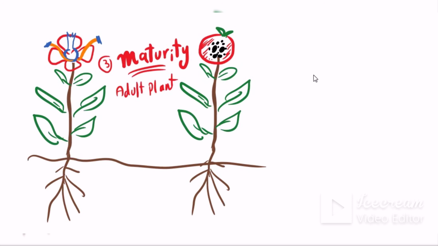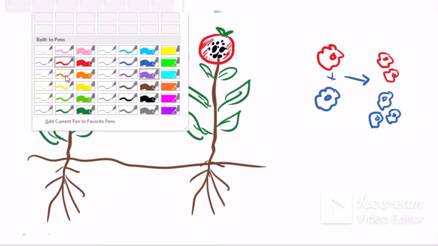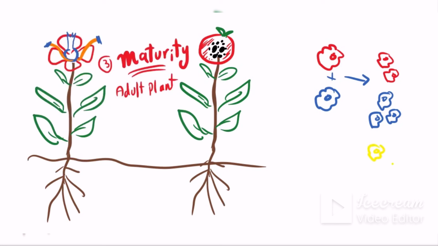How does this happen? For example, the red flower and the blue one, when we combine both of them with each other, of course we have some offspring. Some of them will be blue, some will be red, but then you see that some flowers will be yellow. How did this flower become yellow? It's very strange. How did it happen?